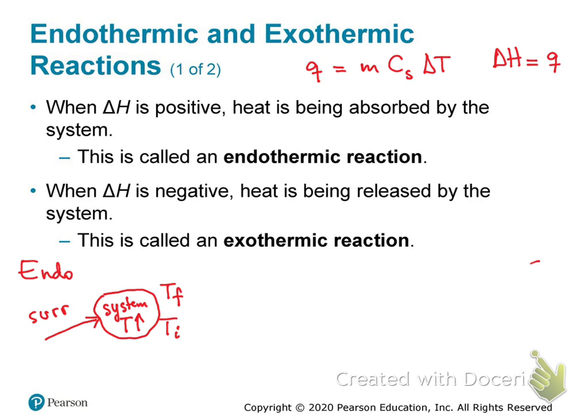The temperature goes up. So delta T is TF minus TI. If TF is bigger, then this delta T is positive. When delta T is positive, on the top of the screen, Q is going to be positive. Why? Because mass is always positive and specific heat capacity is always positive. Well, if Q is positive, then delta H is positive.